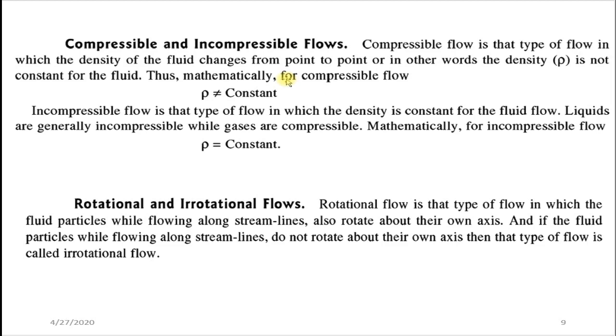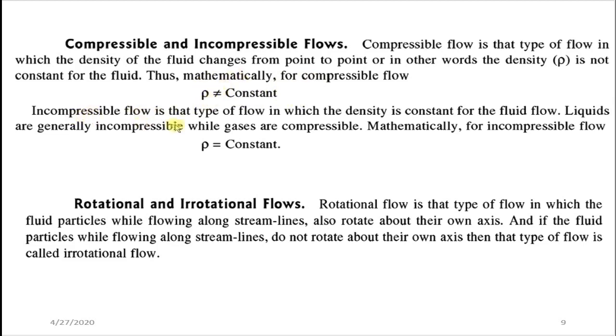Now coming to compressible and incompressible flows. Compressible flow is that type of flow in which the density of the fluid changes from point to point. Density is not constant in a compressible flow; it keeps on changing from one point to another.